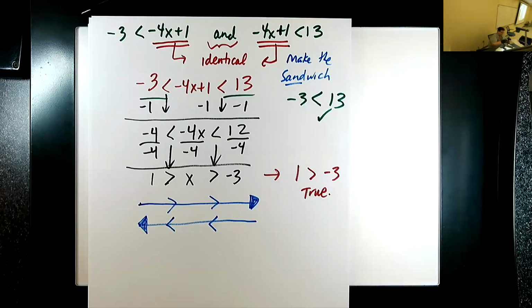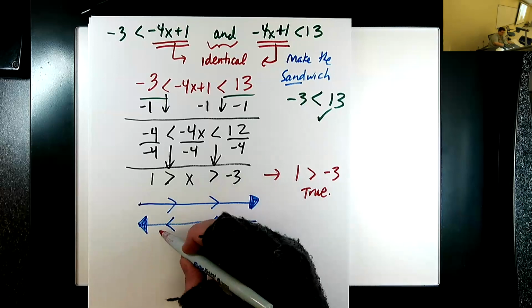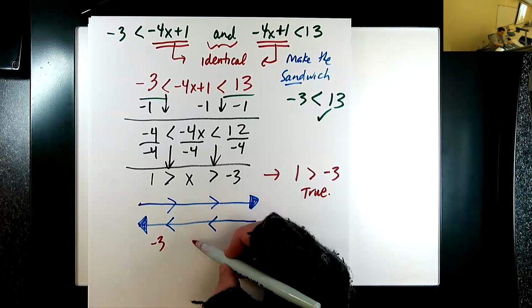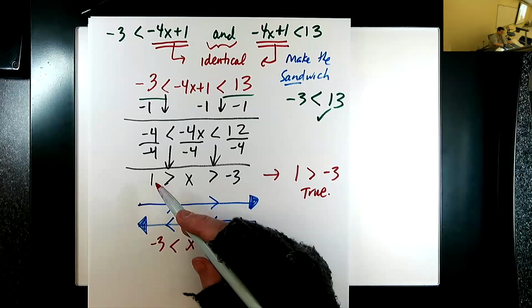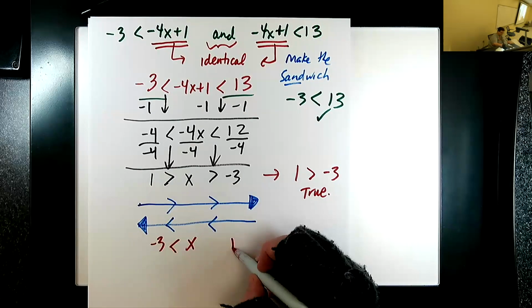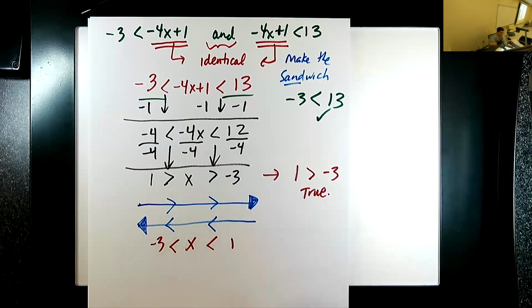The number that was closest to the arrowhead was -3, then I had x in the middle, and the number at the end of the arrow was 1. That is a better way of writing it, and probably what they'll take in the homework.